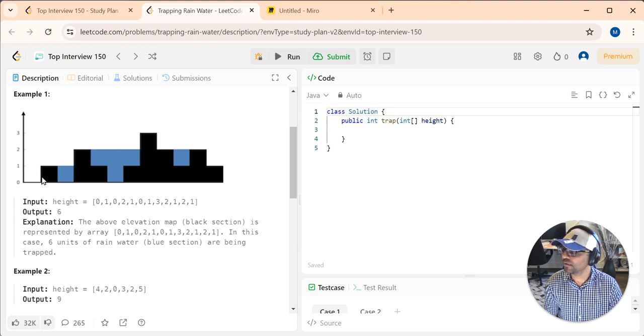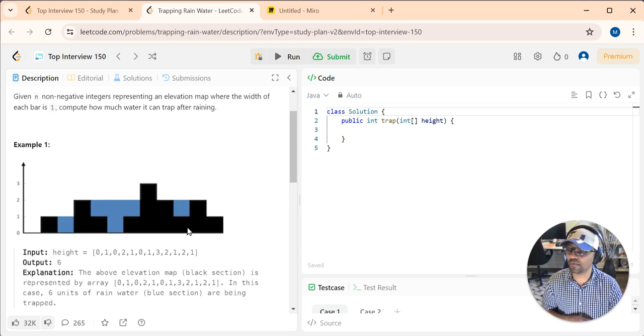Well, one thing I was thinking about is the leftmost and the rightmost bars. I actually want to call them towers. Bars is a very weird word. Anyway, if the leftmost tower and the rightmost tower were the two biggest values in the whole array, then it's easy, right? We can just linearly scan the middle, and we take the minimum of the left and the right. So let's say that the left was 5 and the right was 3.